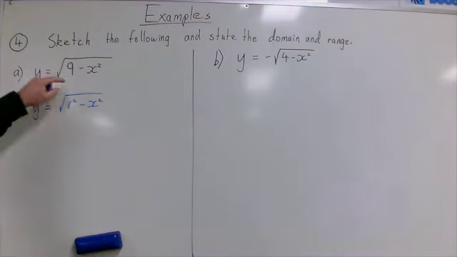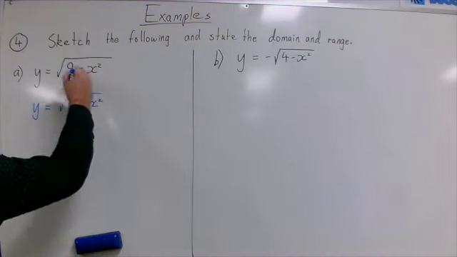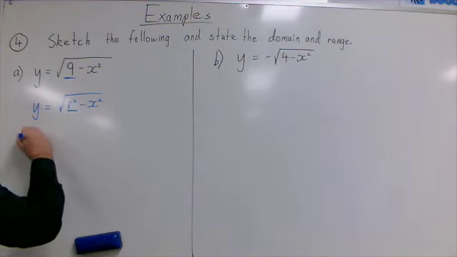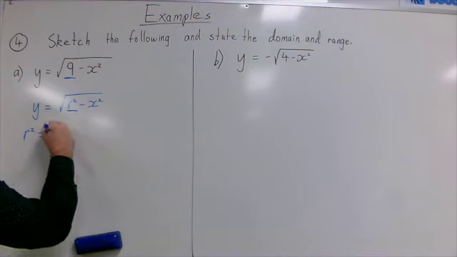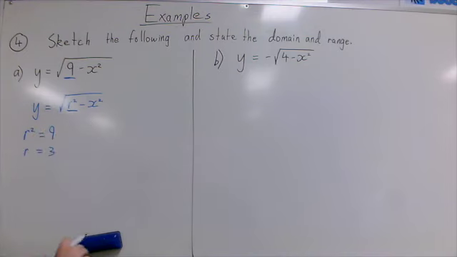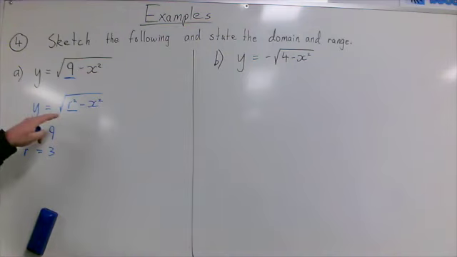Straight away looking at that, we know that the 9 links up with the r squared. So we know that r squared equals 9. So r equals 3. Alright, to actually graph this, we know that there's also a positive one. So if you're looking at your notes, then you know that a positive version is above the x-axis. So it means it's going to be a semicircle above the x-axis.